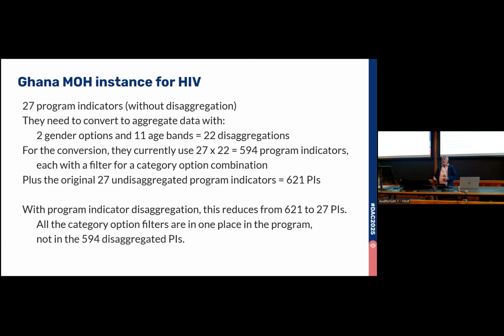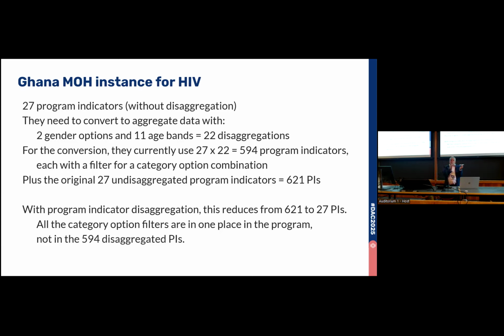Right now in their production system, to do the conversion with tracker to aggregate, they have to have 594 program indicators. That's the 27 different logical things they want to see times the 22 disaggregations that each one needs. And now they can do everything with the original 27 program indicators.